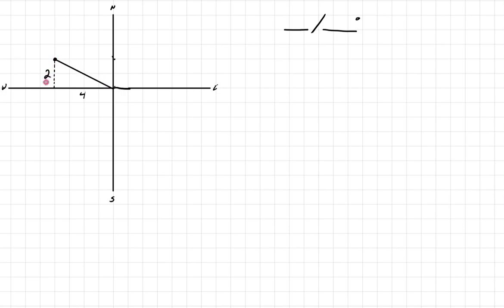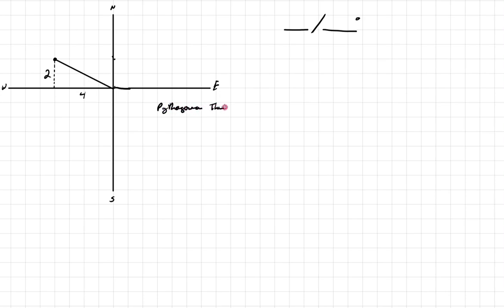So we're going to use what's called SOHCAHTOA, which is sine, cosine, and tangent, to find the degree of the angle here. In order to find that, we need to find the hypotenuse. And the way we find the hypotenuse is with Pythagorean's theorem. We talked about him a little bit.